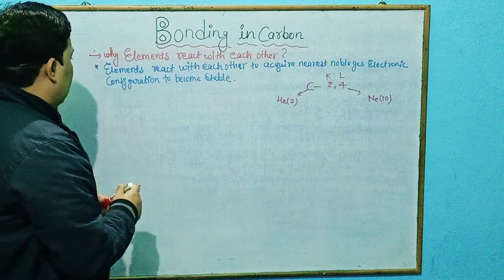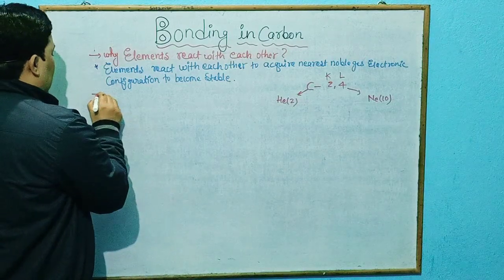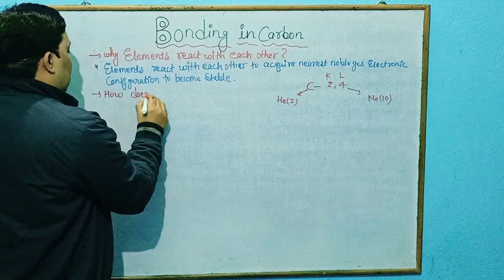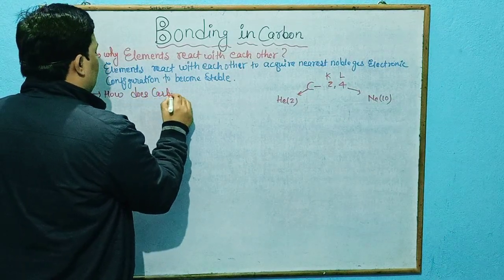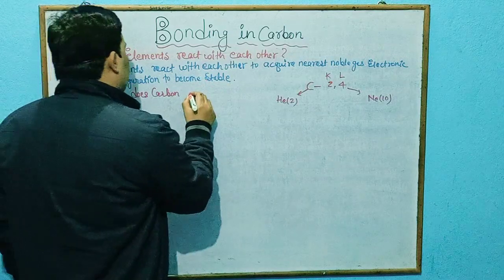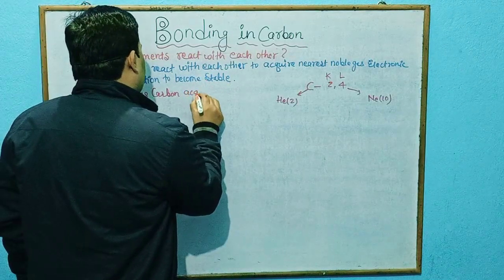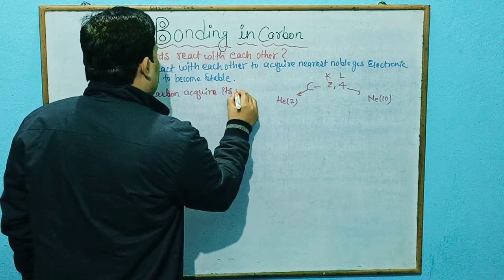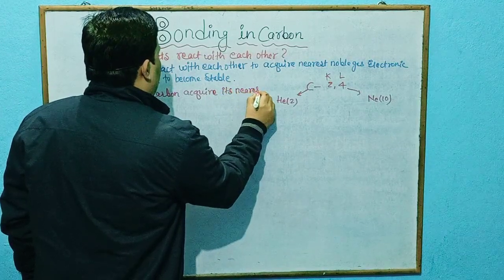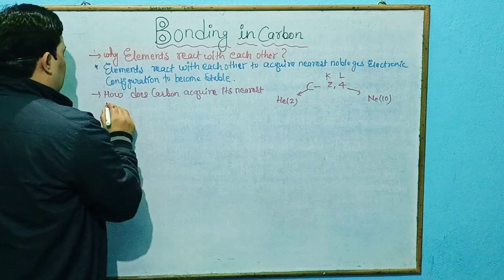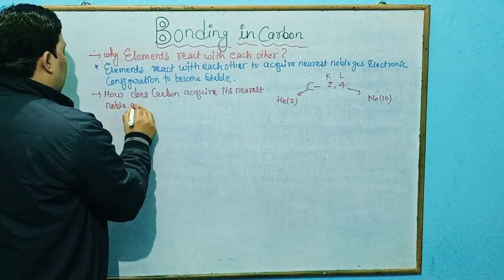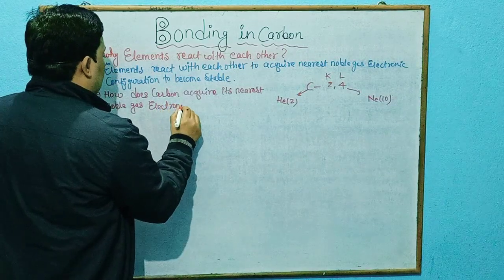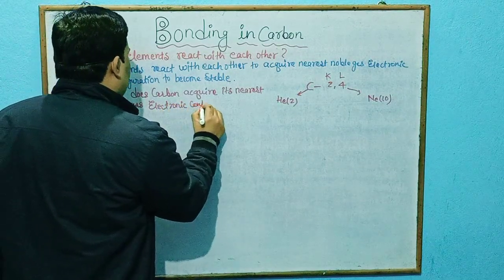But before that, one question: how does carbon acquire its nearest noble gas electronic configuration?